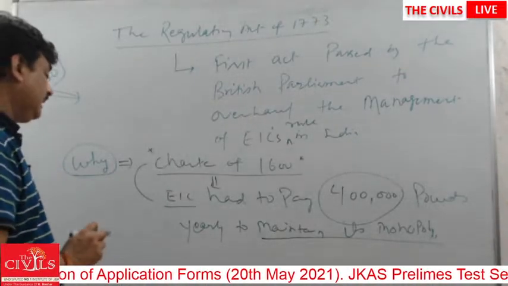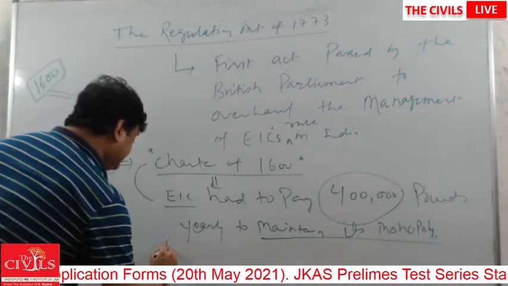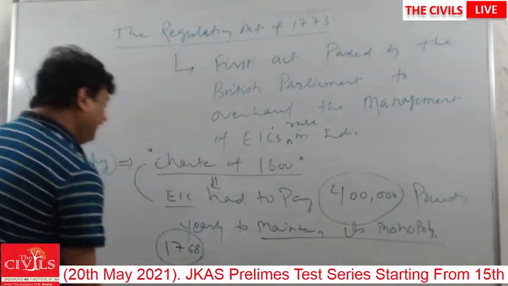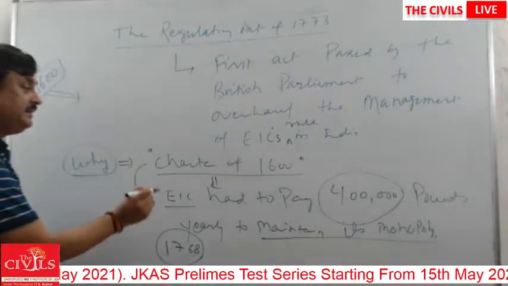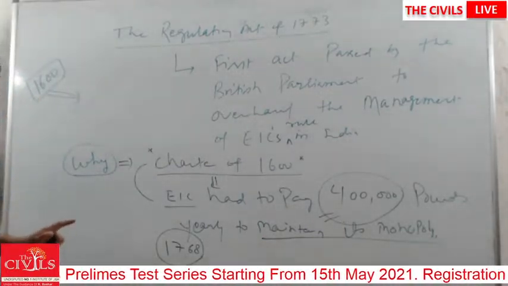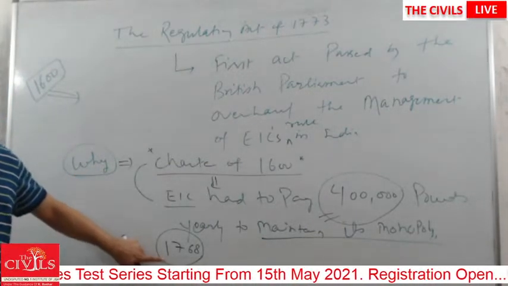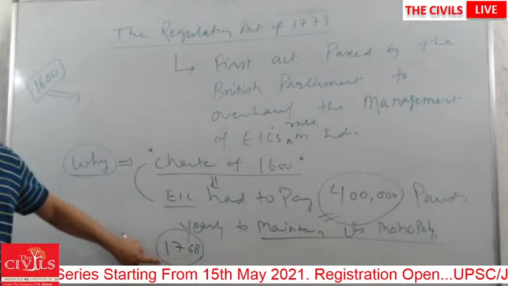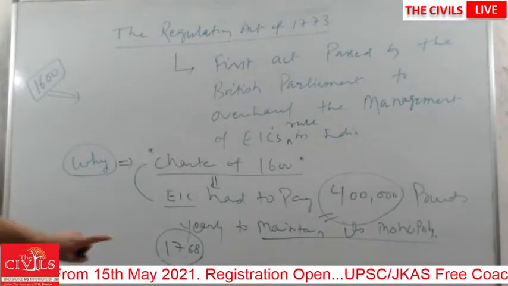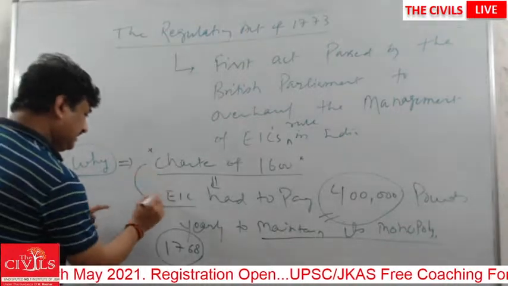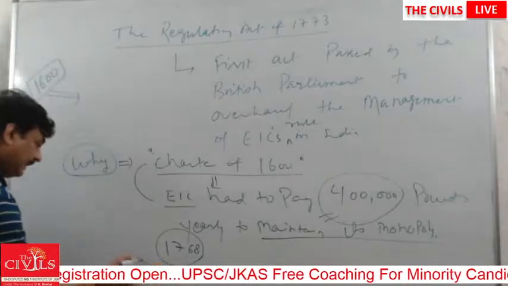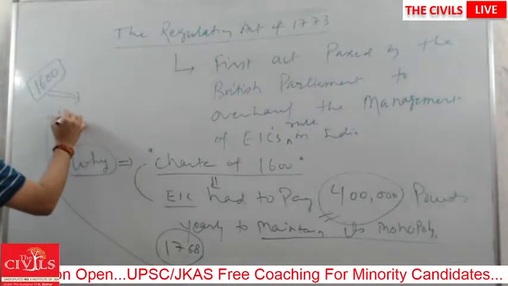But since 1768, the company failed to pay this amount. Okay, this was the first. Now, what happened in 1772?